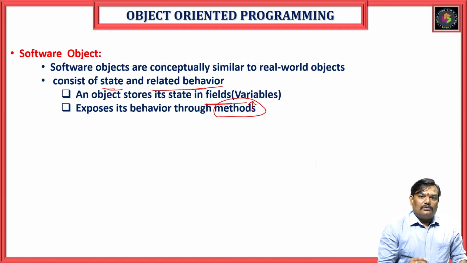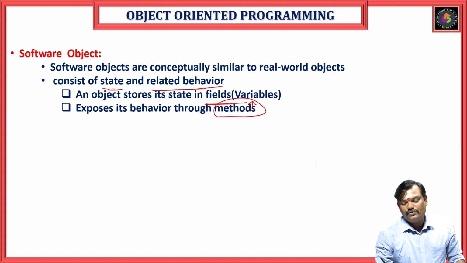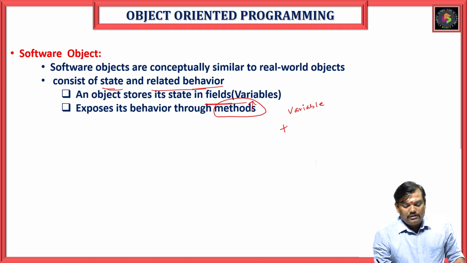So if you want to model a software object using object-oriented concepts, the state of the object will be described inside variables, and we will expose the behavior of the object by making use of functions, or we can call them methods.